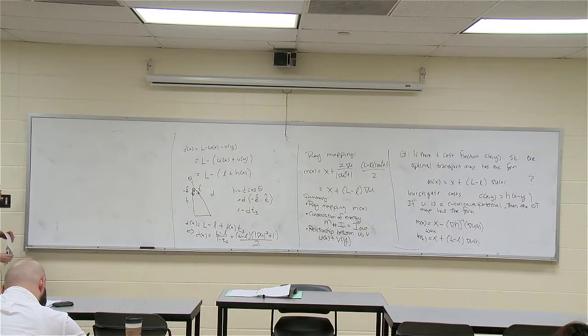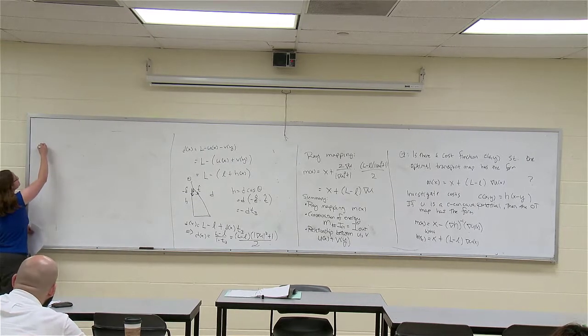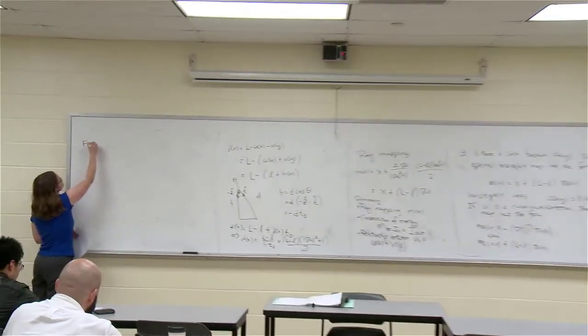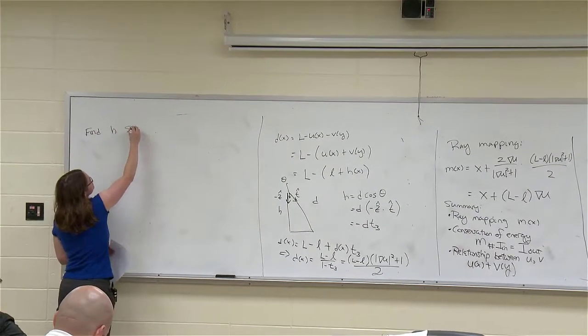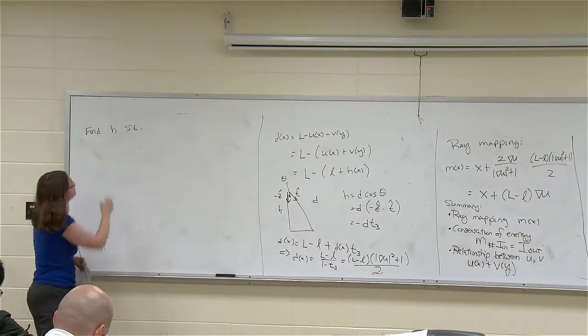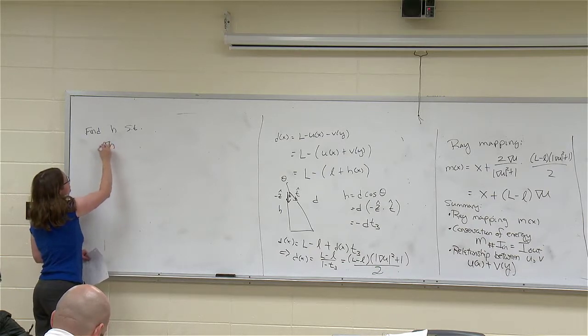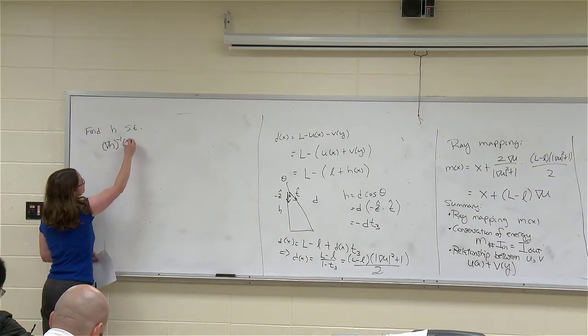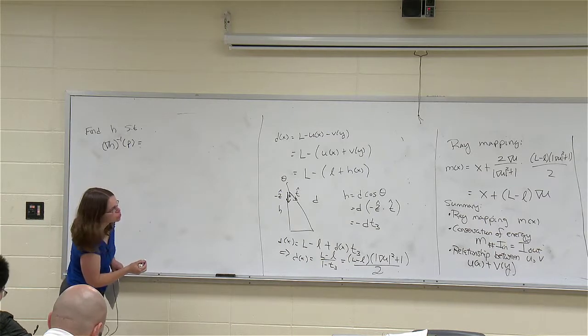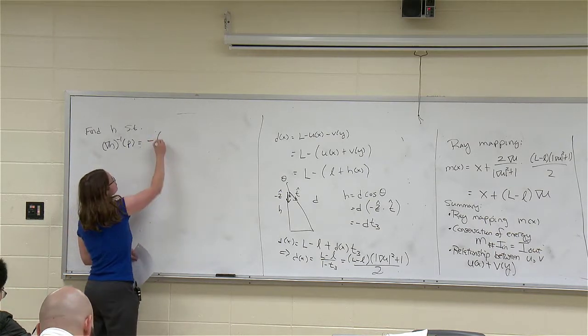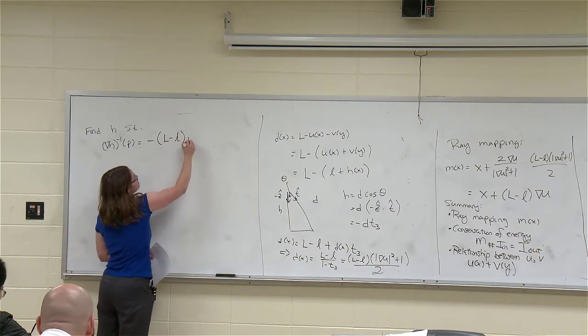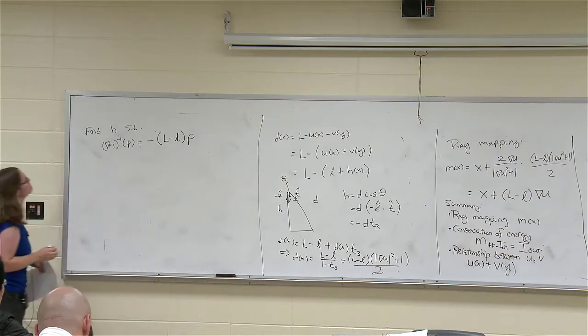Okay, so what do we really want? What we really want is, let's try to find a function h such that grad h inverse of a value is equal to minus L minus L times that value.